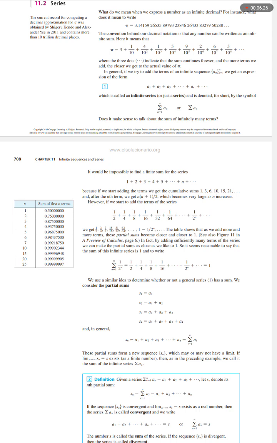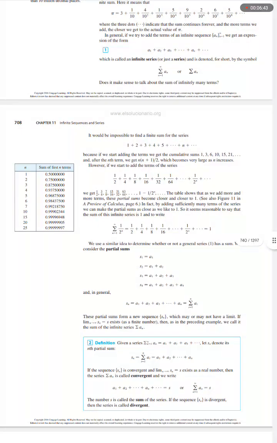If the limit as n approaches infinity of s_n equals s exists as a finite number, then, as in the preceding example, we call it the sum of the infinite series, the sum of a_n.